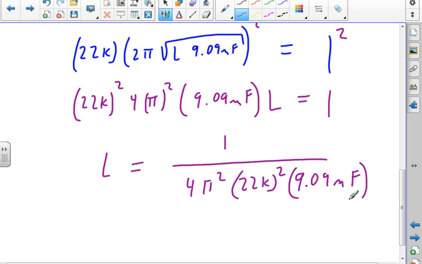1 divided by 4 times pi squared times 22K squared times 9.09 double E minus 9. Close parentheses, equals, syntax error again.